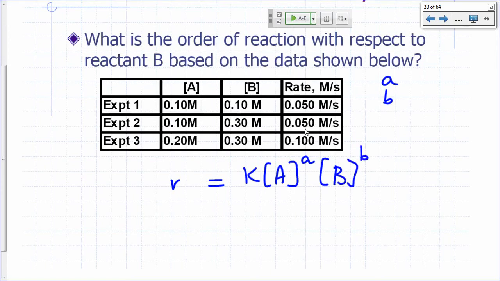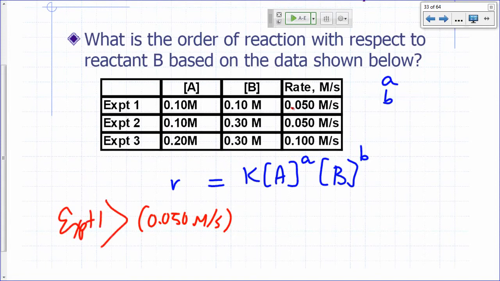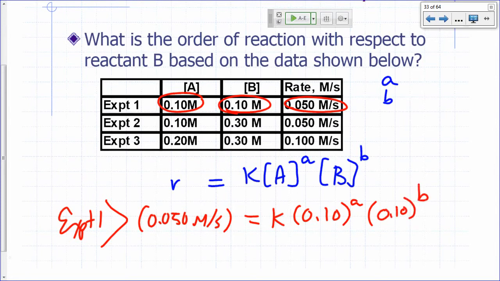So according to this, rate 1 is 0.050 moles per liter per second. So from experiment 1, I can say my rate is 0.05 moles per liter per second equals K times concentration of A, which is 0.1, raised to the power a, times concentration of B, which is 0.1, raised to the power b.